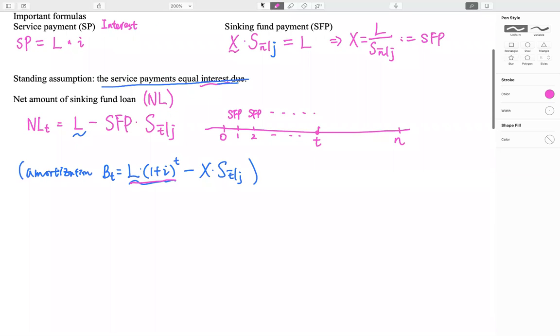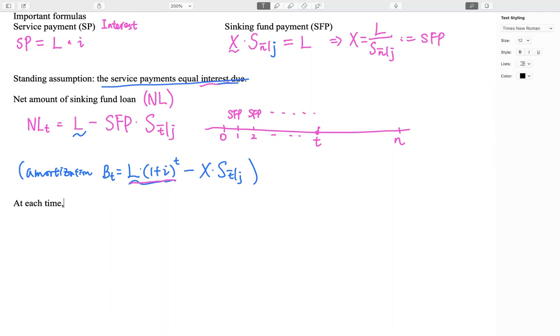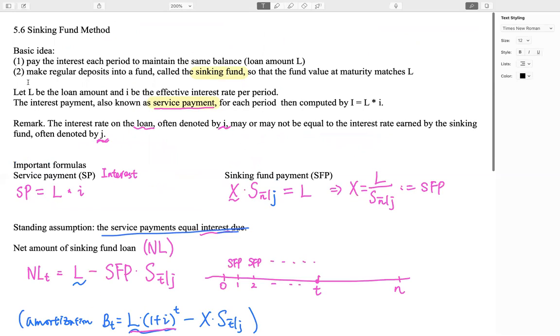By the way, let me summarize the payment. So what is the payment? At each time, since the payment is the same, the amount of payment is equal to two parts: the service payment plus the sinking fund payment. So for each payment, I divide it into two parts.